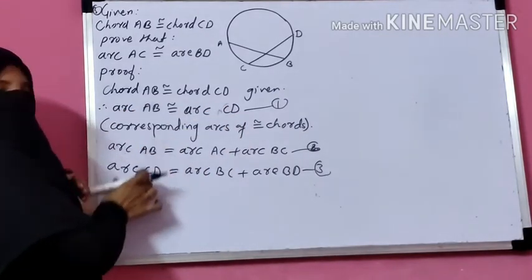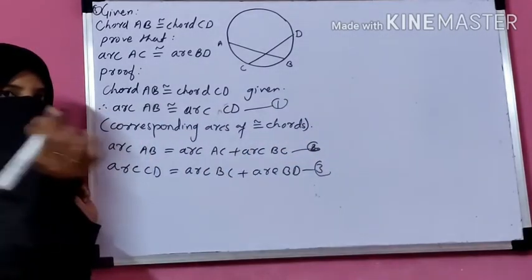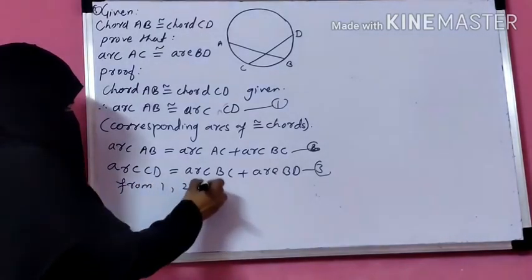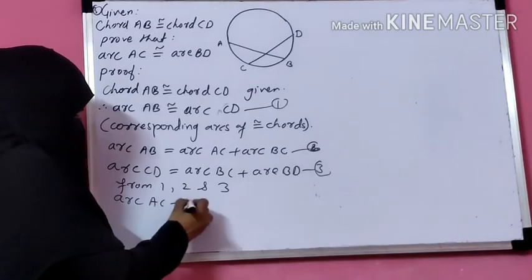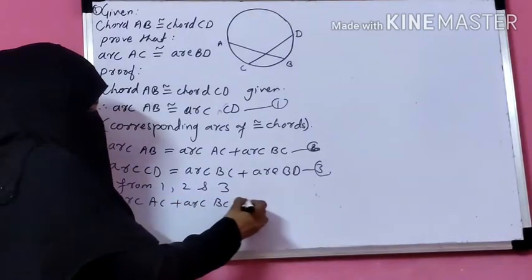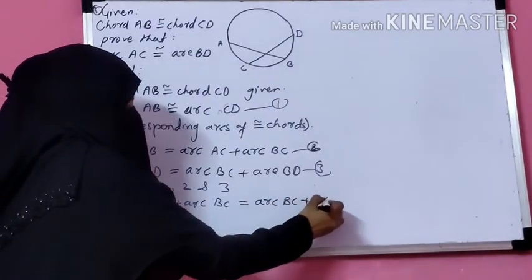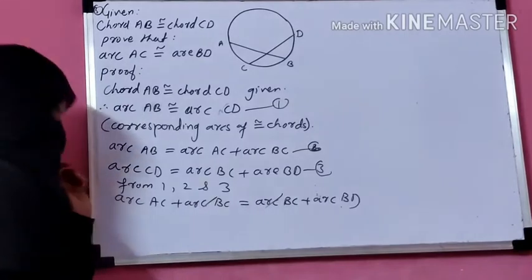That means if the left hand side part is congruent, then automatically the right hand side part is also congruent. So therefore from 1, 2 and 3, arc AC plus arc BC is equal to arc BC plus arc BD. Arc BC gets cancelled here.